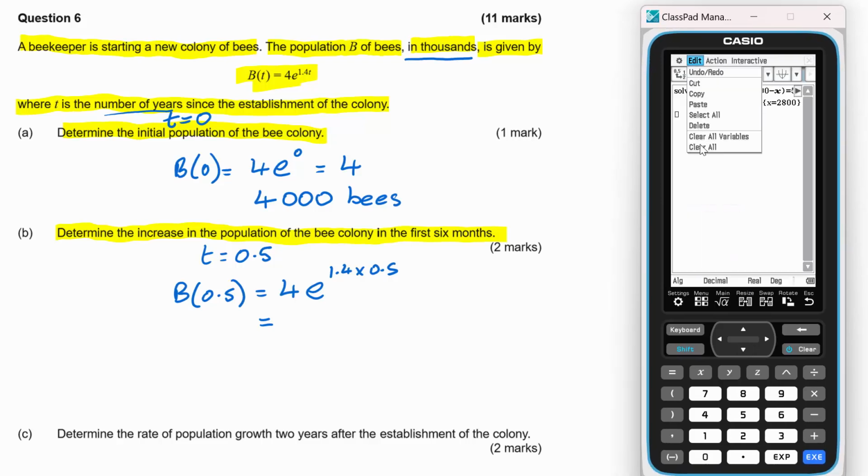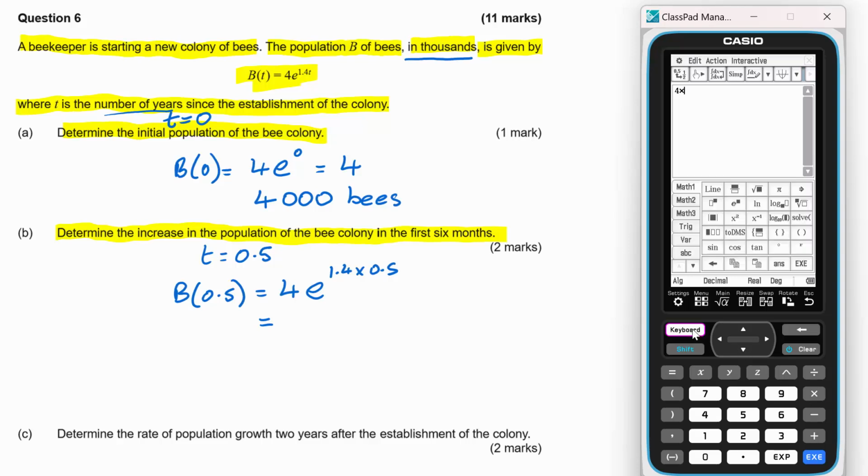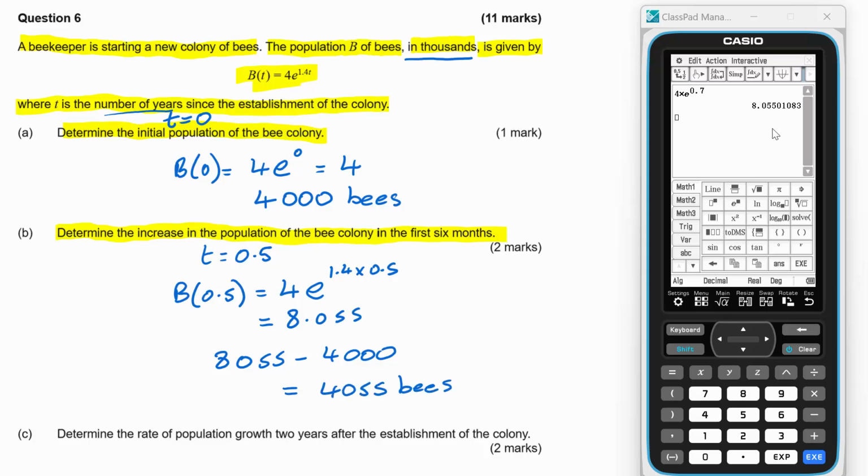Let's just clear anything I've got there. And we are going to calculate 4 times e to the 0.7. And that is going to give me 8.055. So our increase in population is going to be 8,055 take away 4,000 is 4,055 bees.